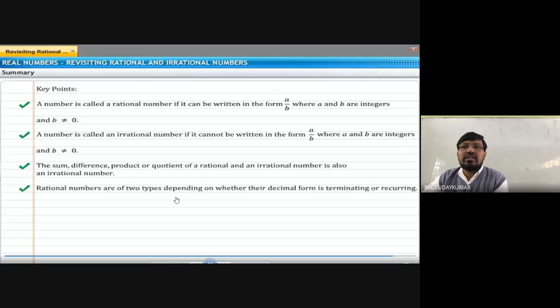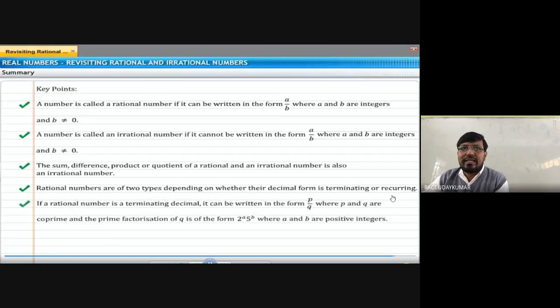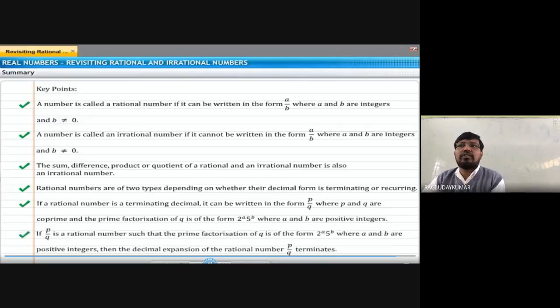Rational numbers are of two types depending upon whether the decimal form is terminating or recurring. If a rational number is a terminating decimal, it can be written in the form of p by q, where p and q are co-primes and q is in the form of 2 power a, 5 power b, where a and b are positive integers. If the denominator is in the form 2 power a, 5 power b, then it is terminating.